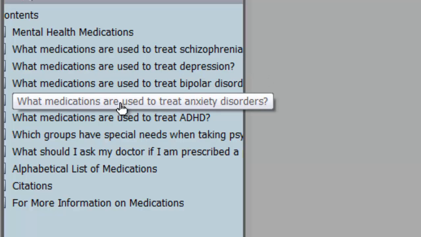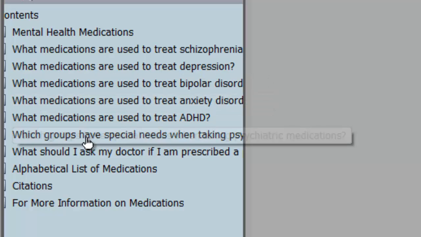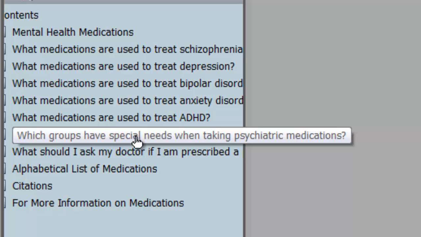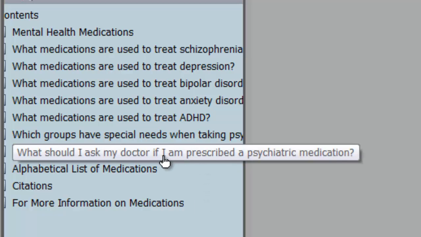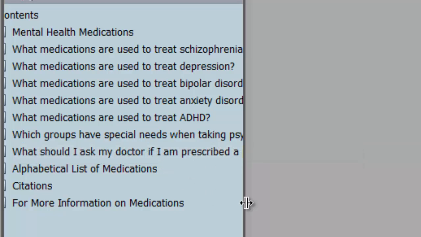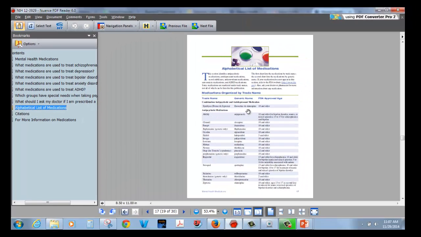It also talks about which groups have special needs when taking psychiatric medications, which I think is super helpful. And also some questions that you can give to your clients to ask their doctors, as well as a full alphabetical list of medications. So super helpful. It's free, good price. So hopefully that helps.